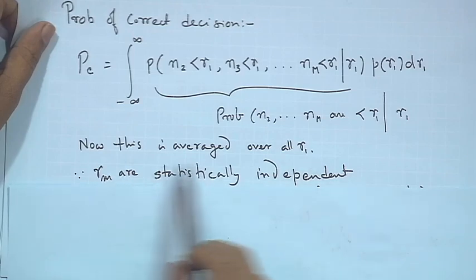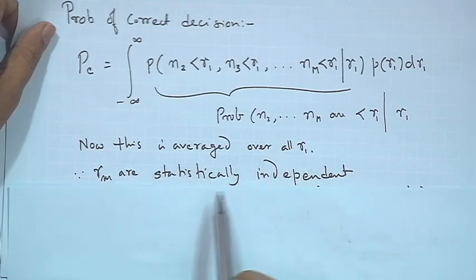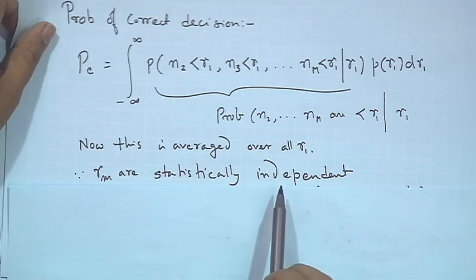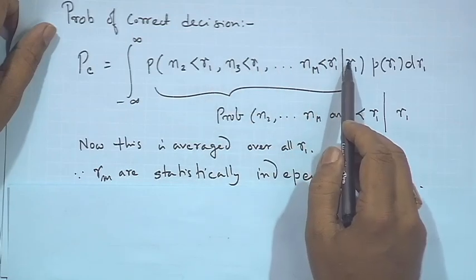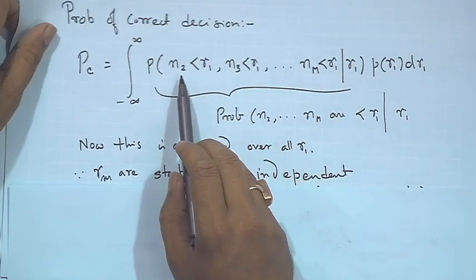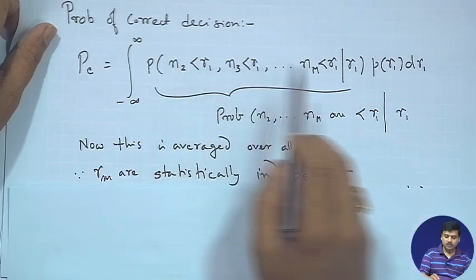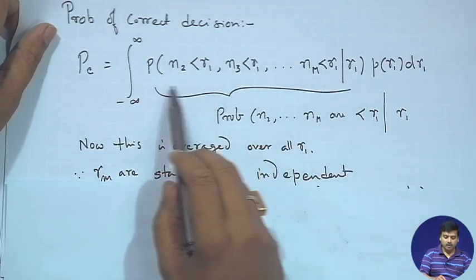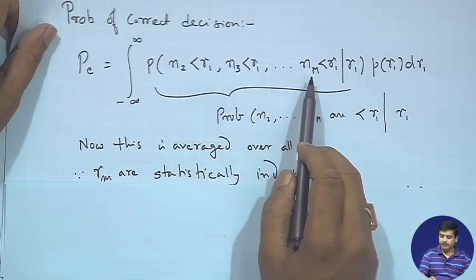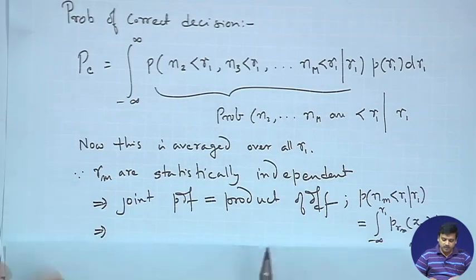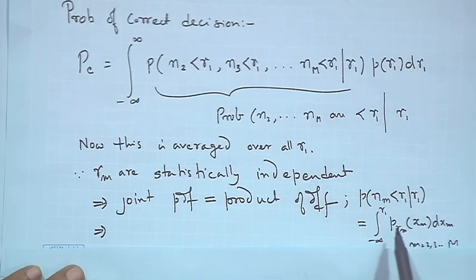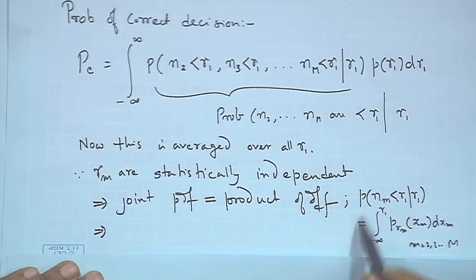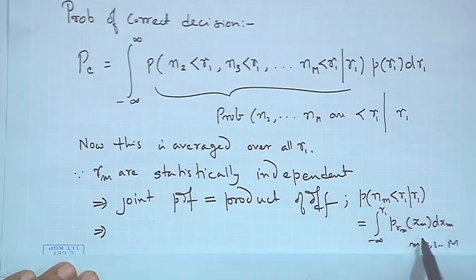So, if they are orthogonal and Gaussian, that means they are statistically independent. Statistically independent means that this joint distribution, of course conditional, turns out to be a product of the individual or the marginal distributions, of course conditional, for all the m terms from 2 to M, right. Where any individual conditional marginal PDF is obtained in this fashion as written over here.